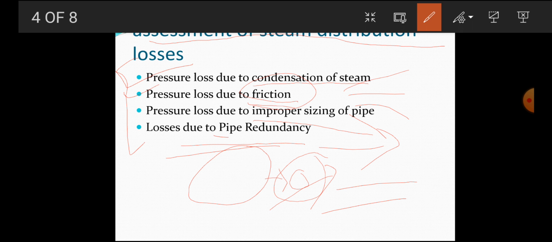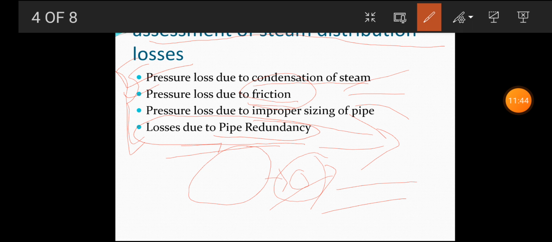So if a pipe is of no use, then you should remove it. These are the main losses in a steam distribution piping system. We will also see how we can improve this system.